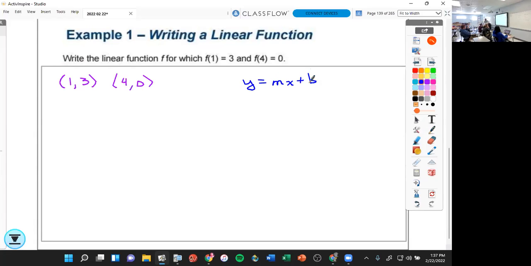I'm trying to remember what the name of that formula is. Slope. Yeah, we need to find the slope, which is y2 minus y1 over x2 minus x1. Now what? So which one do you want to plug where? Does it matter which one's point 1 and which one's point 2? No. As long as you're consistent, right?